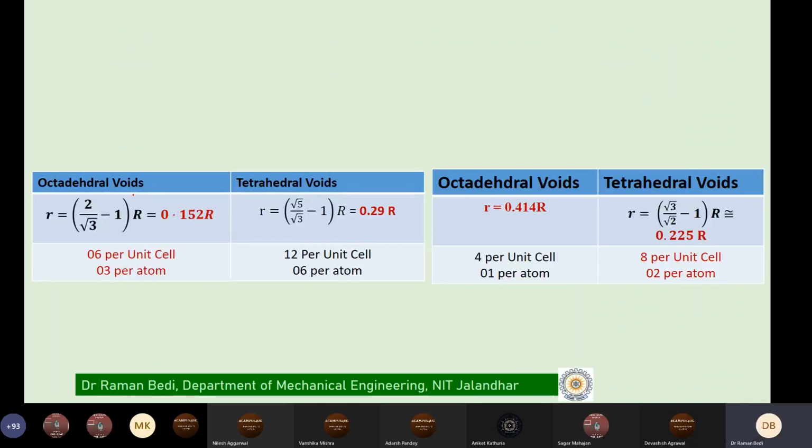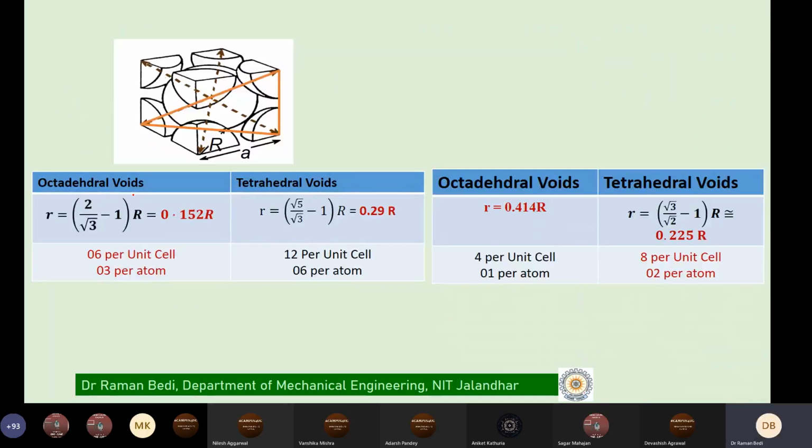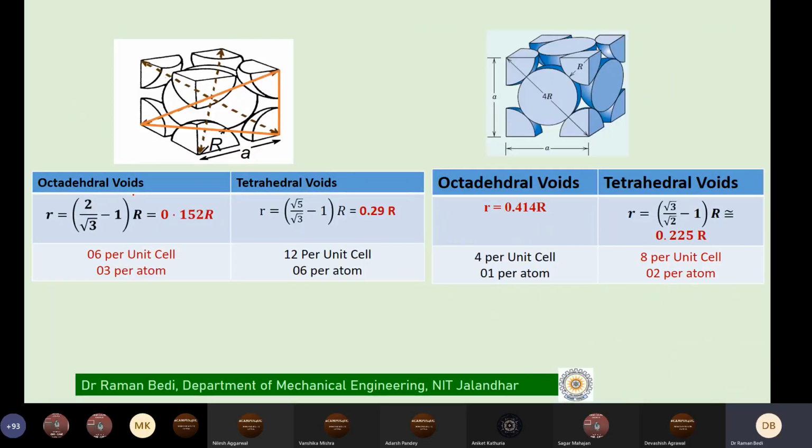Okay, so I again sum up what we have been telling you in the last few slides. When I compare your BCC system with the FCC system, we find that the size of the voids in the case of FCC is larger. So FCC voids are larger, but their number is less.